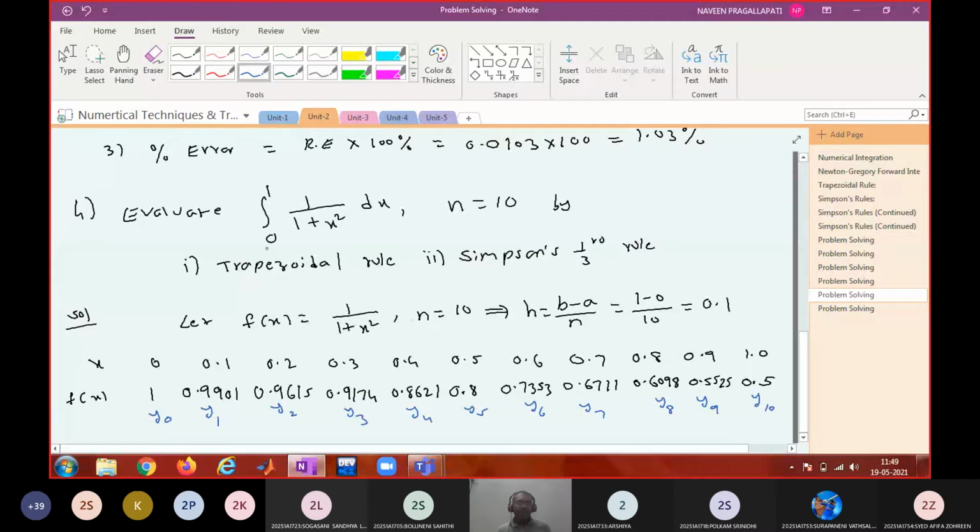The first formula we would like to apply is the trapezoidal rule.